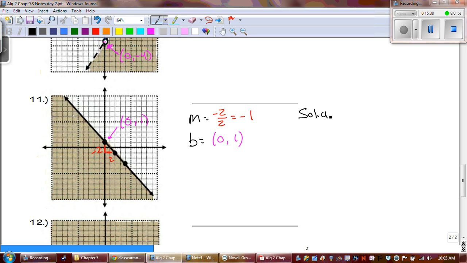It's solid. And did they shade above or below? They shaded below. So with all that information, I know that y, if it's solid, we have the line underneath it and it's less than. So y is less than or equal to -1x plus 1. And remember that plus 1 comes from the y-intercept. Now the only thing that could be different is when it's a -1 slope, you don't need to have that 1 there. You can just be -x. Okay?